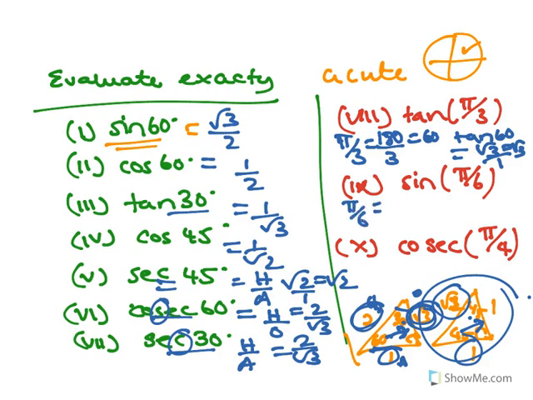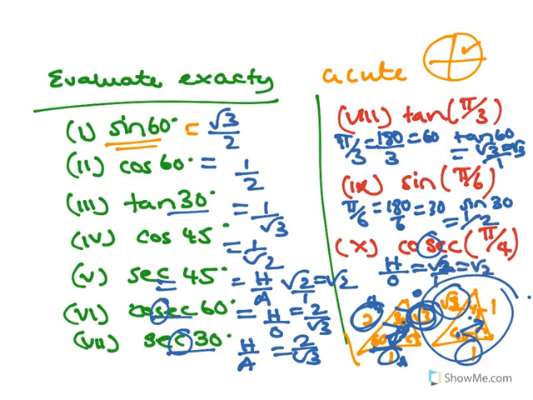Pi on 6 is 180 on 6, which is 30 degrees. So sine 30 would be 1 on 2. And cosec, go to the third letter rule, which is sine. So cosec 45 would be hypotenuse on opposite, so it's root 2 on 1, which is root 2.